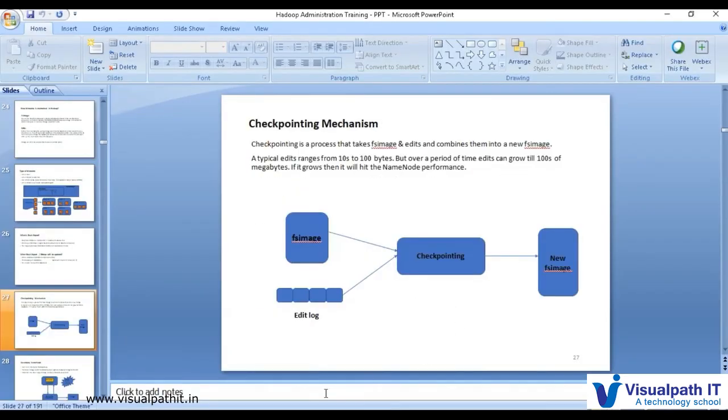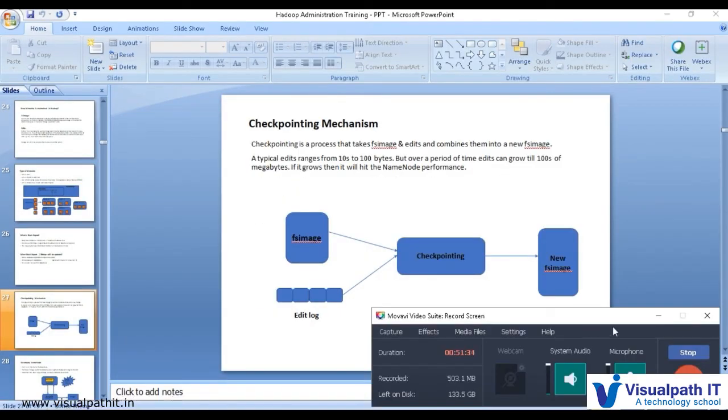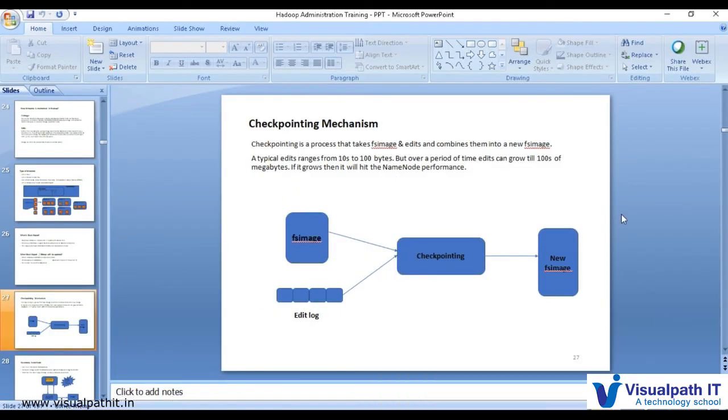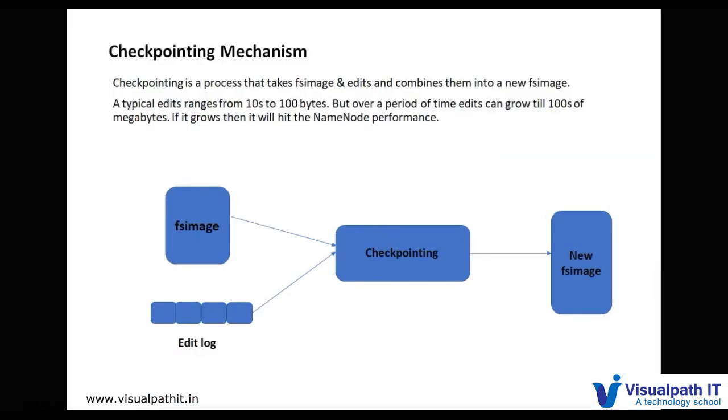And checkpointing, what is meant by checkpointing? Checkpointing is a process that takes the fs image and edits and combines them into a new fs image. The fs image is a metadata file, and edits are also metadata files. The fs image is from when you first load the cluster, and edits are new operations.